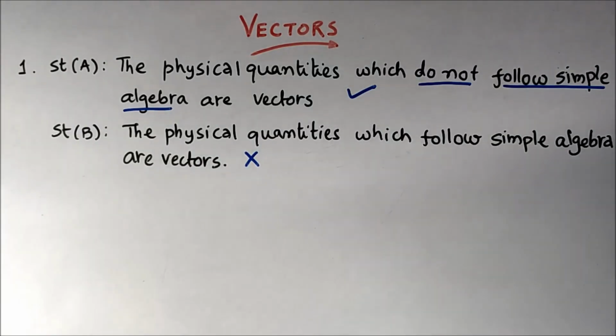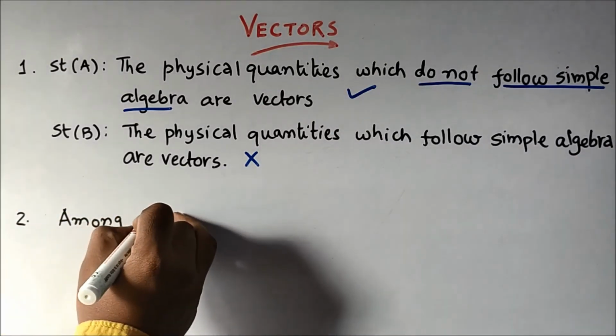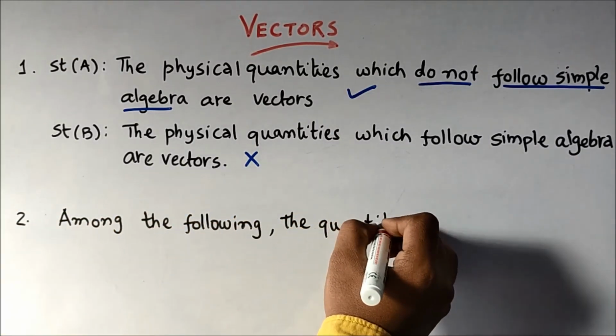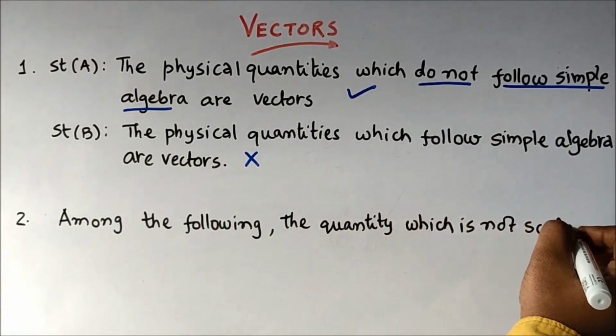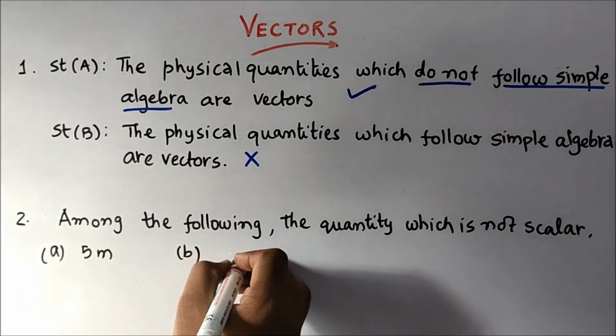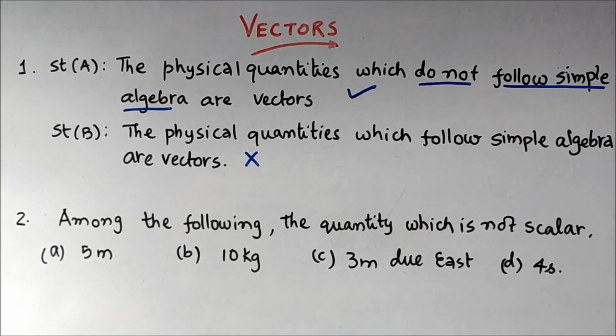Let's see another question. Question number 2. Among the following, which quantity is not scalar? Let's see the options. Option A, 5 meters; option B, 10 kg; option C, 3 meters due east; and option D, 4 seconds.